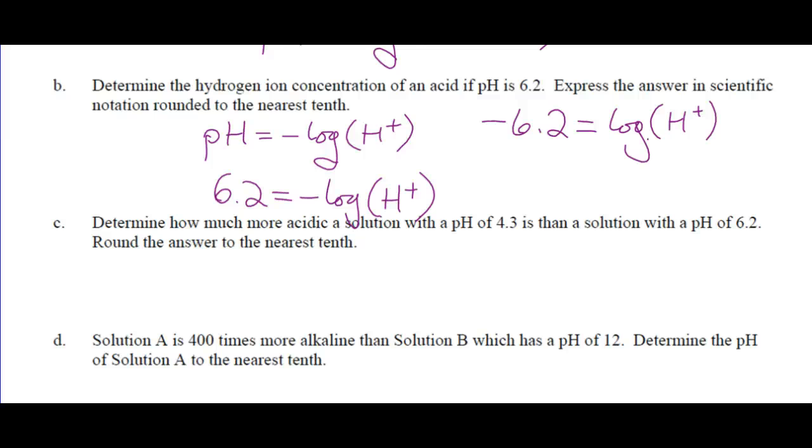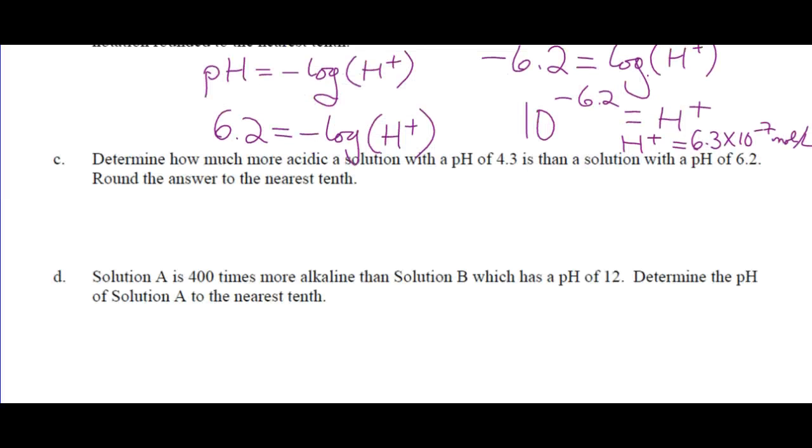So 10 to the negative 6.2 is equal to H plus. So H plus is 6.3 times 10 to the negative 7 moles per liter, the hydrogen ion concentration at a pH of 6.2.